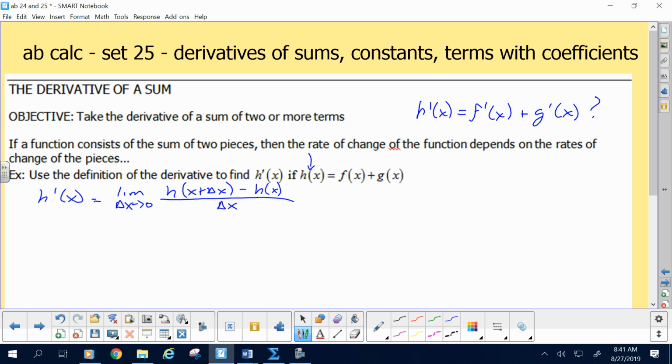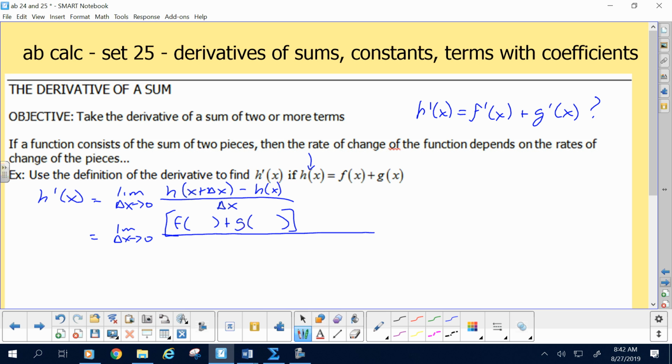Cool? All right, now, it says here that h is really the idea that f of whatever you put in plus g of whatever you put in. So couldn't I replace h of this with f of that plus g of that? And in each of those put in what?